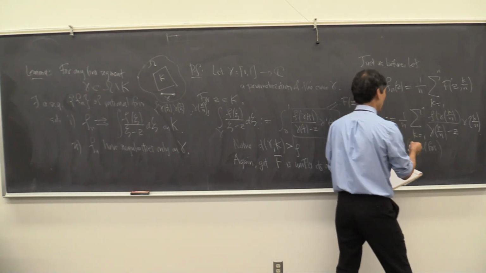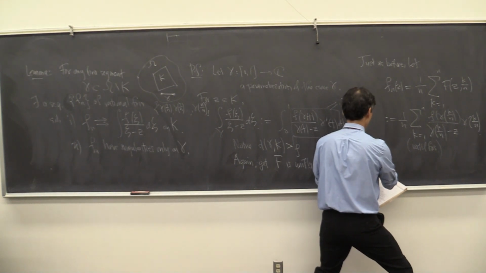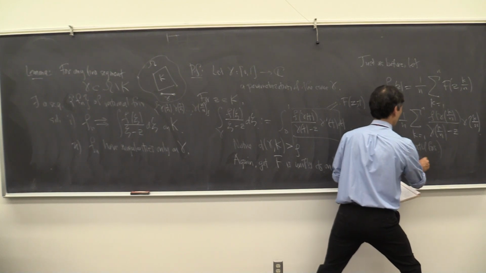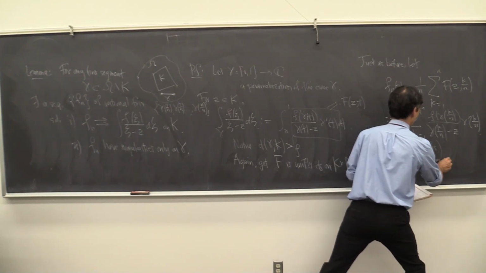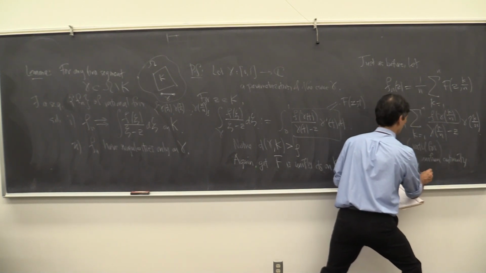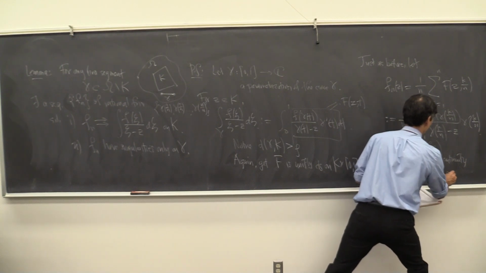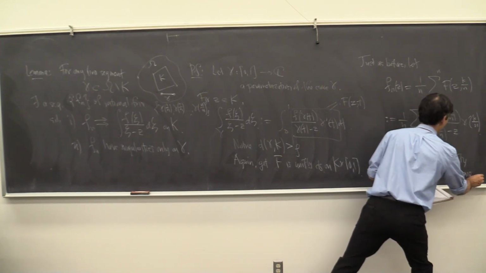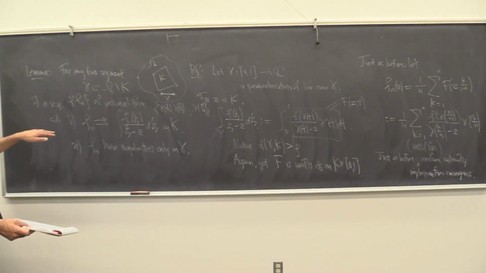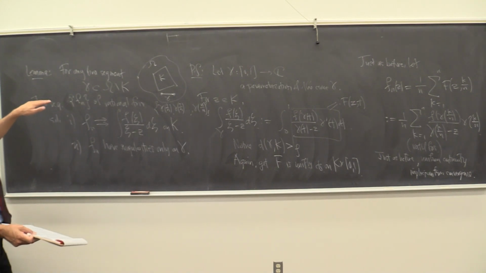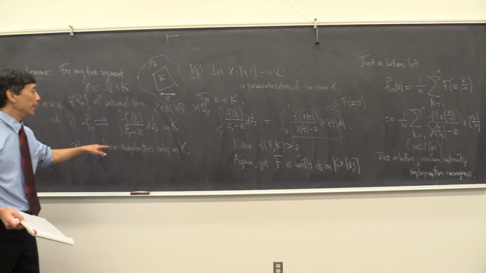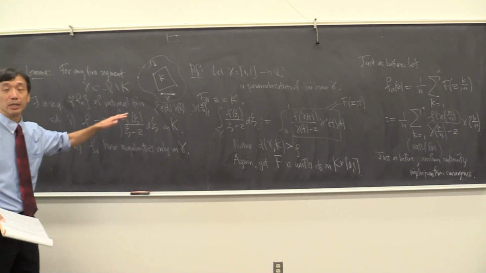And just as before, uniform continuity implies uniform convergence. Remember what we wanted: rational functions that converge to this function and have singularities only on gamma, and that's what we've got.